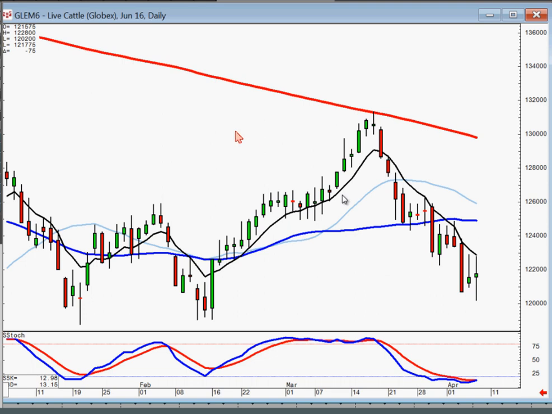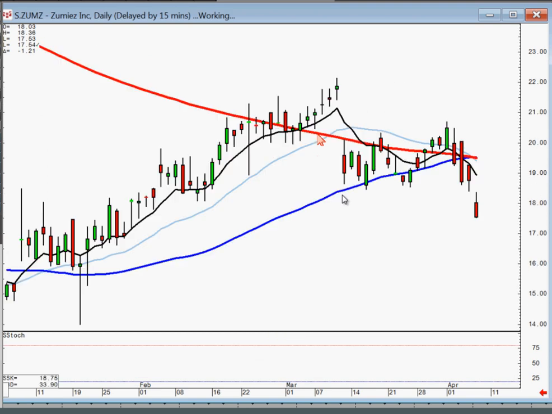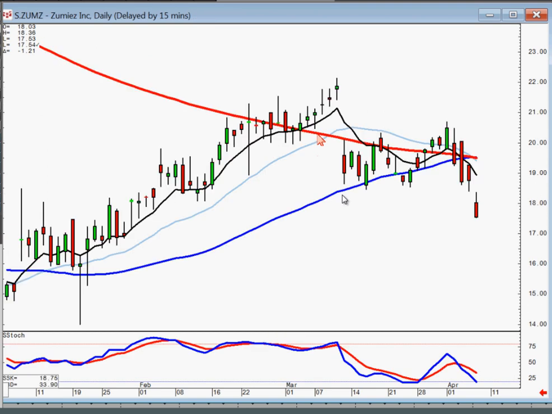Oh, on GameStop, no, there's no cradle on this one. Okay, a couple more, and then I'll tell Jim to do the double line. This one, as you can see, broke this kind of little channel here, broke down. That's ZUM.